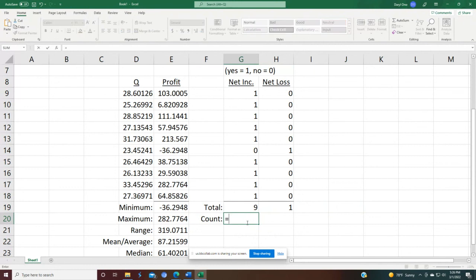So equals count. Should come out to be 10. That's n, the population size or sample size. Okay, and right here we'll put percentage.